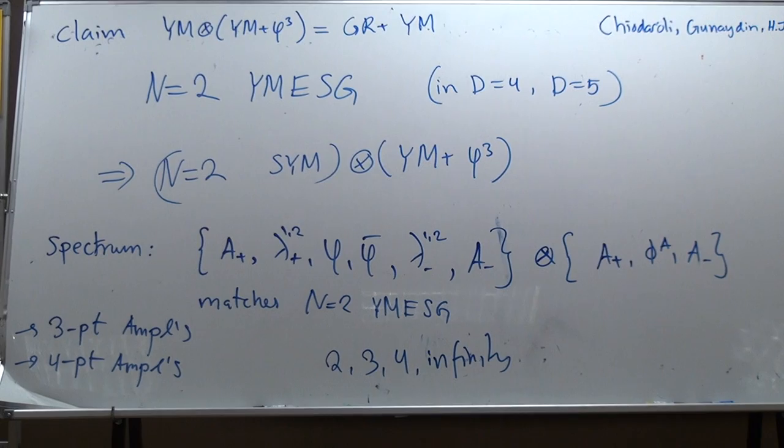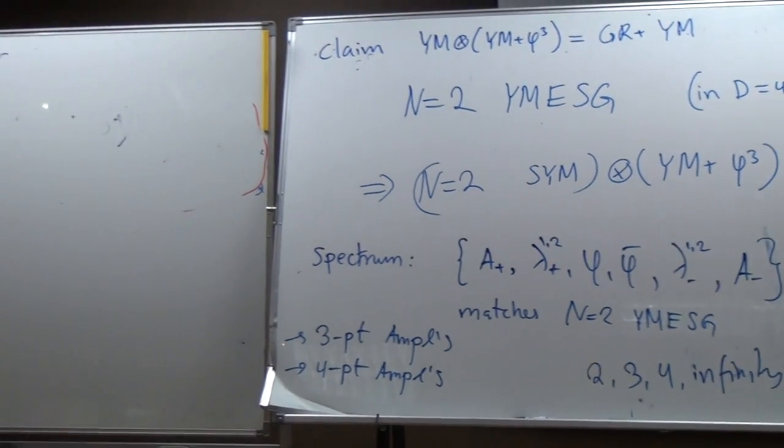The 5-dimensional Lagrangian of this theory is actually a lot easier than the 4-dimensional one.